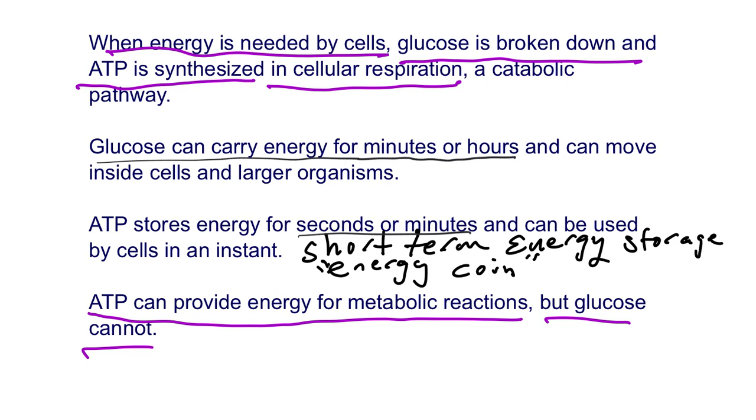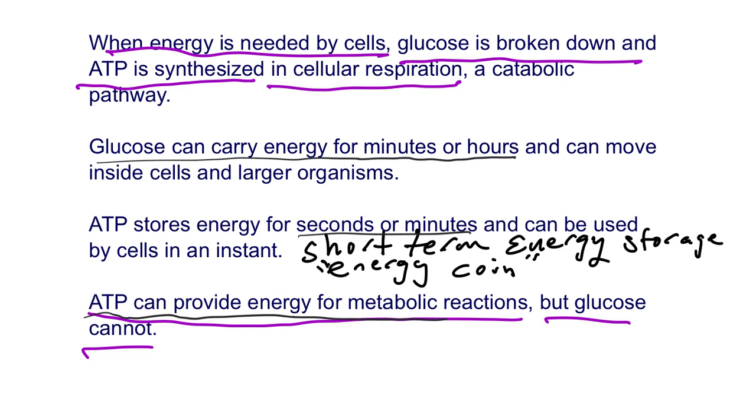It's instant energy, basically. And that's why I call it the energy coin. Instant in the sense of seconds to minutes, and then it breaks down to ADP. So ATP is energy coin.